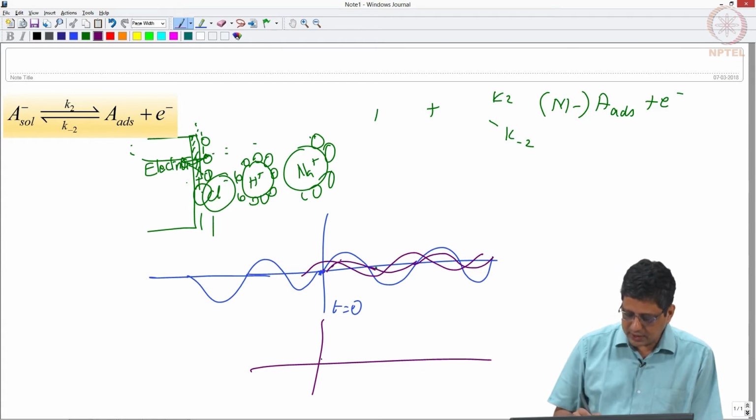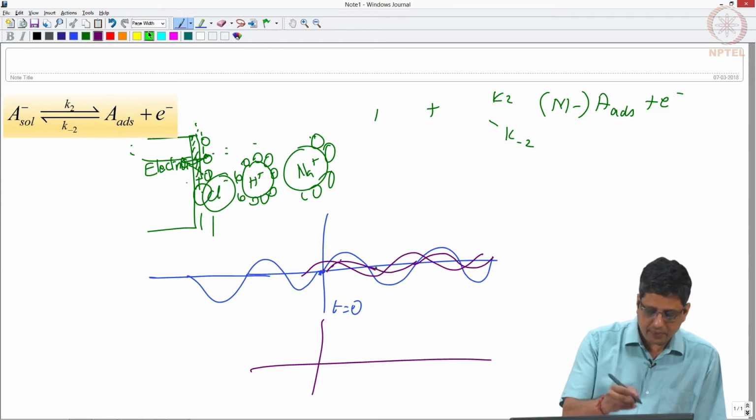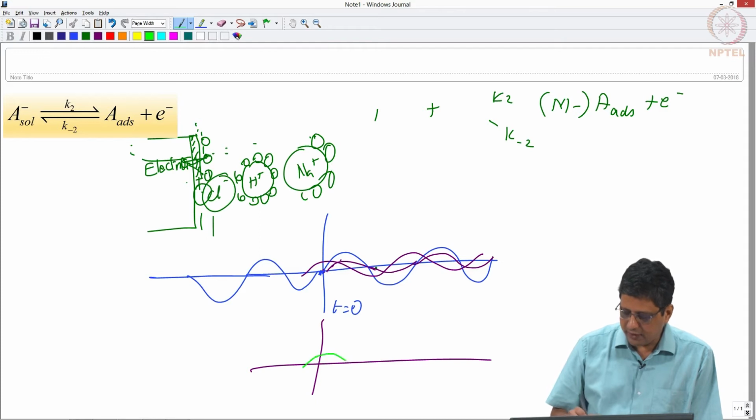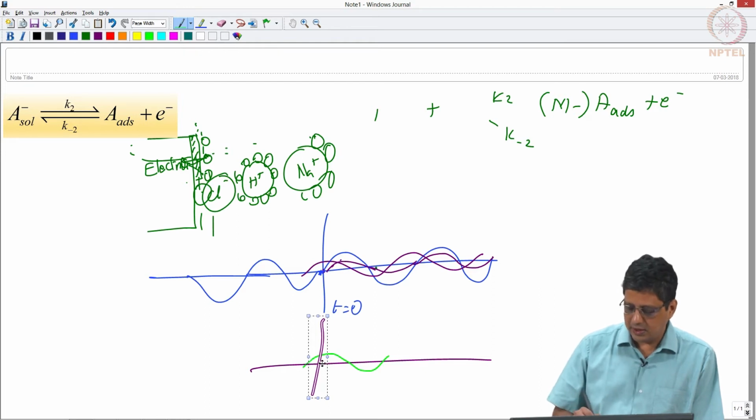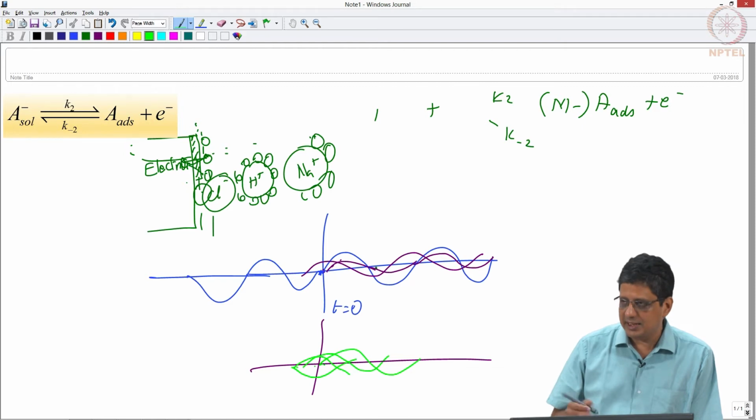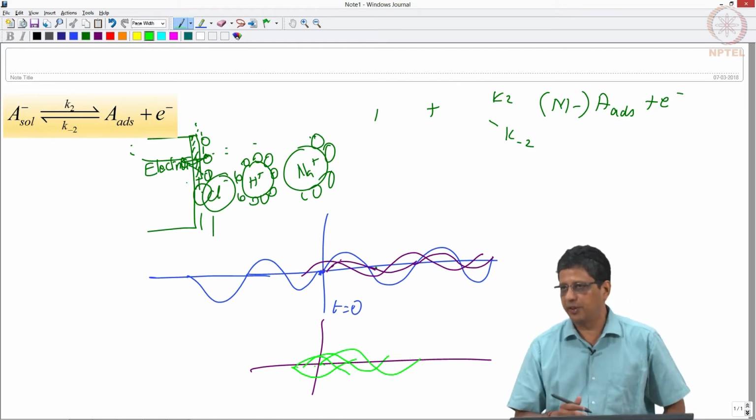So, what happens in those cases is theta is also going to have a phase difference. If there is no phase difference, all of them at time t equal to 0, they will start at this location. If there is no phase difference, it is going to go like this. If there is a 90 degree phase difference, it is going to go like this, or it is going to be plus 90, minus 90, depending on that it is going to show a shift.